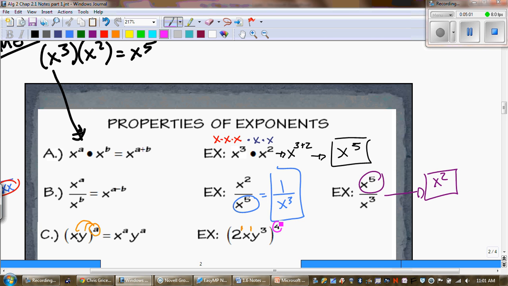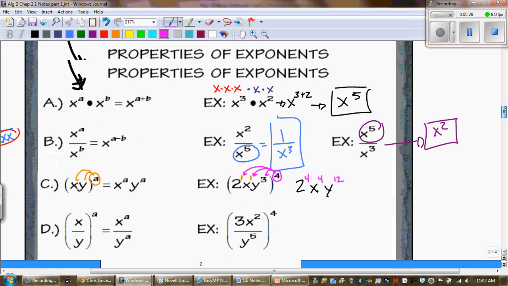And I'm going to take that 4 and distribute it to everything, okay? Your bases stay the same. We do not change any of that, okay? So we have 2 to the 4th, x to the 4th, and y to the 12th, okay?